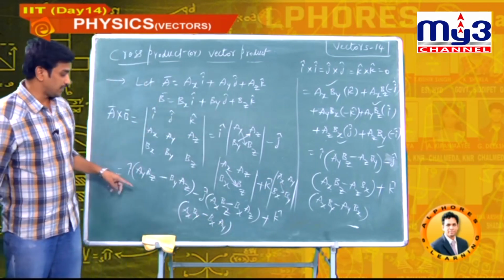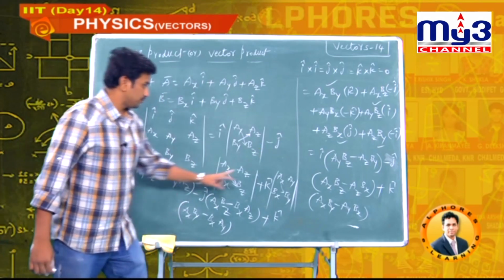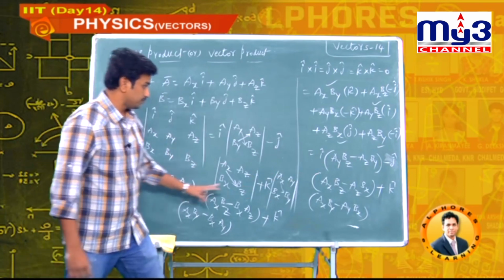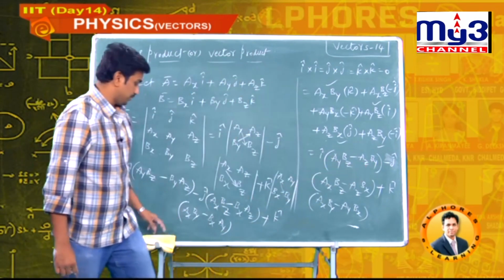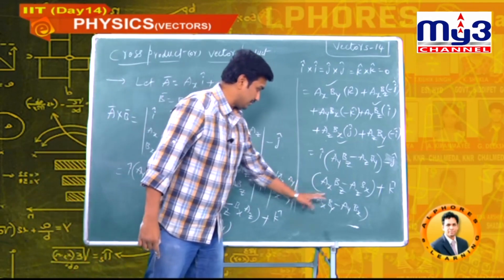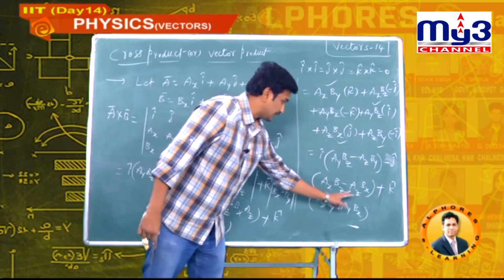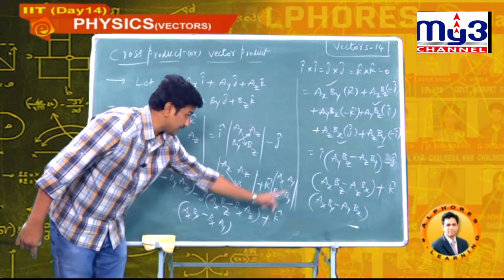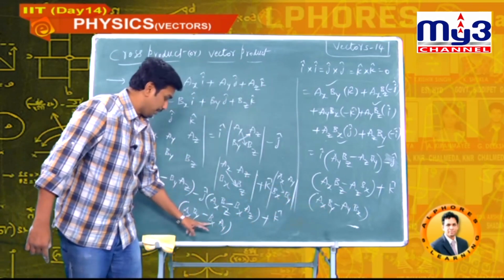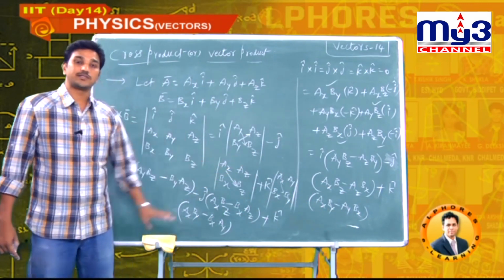See both the answers, the final answer: I cap, Ay Bz minus By Az, minus J cap, Ax Bz, Az Bx, plus K cap, Ax By, Bx Ay. Both are giving the same answer.